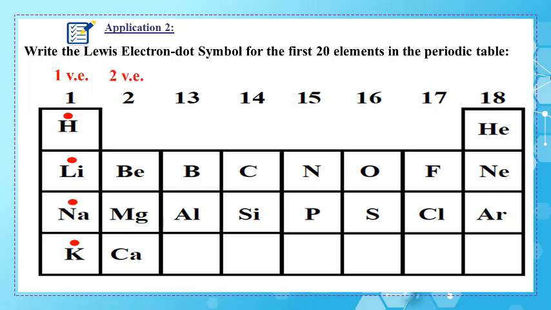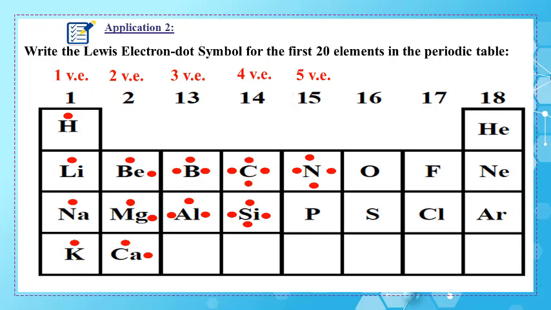Elements of column 2 have 2 valence electrons. Elements of column 13 have 3 valence electrons. Elements of column 14 have 4 valence electrons, and they must be distributed as odd dots on the 4 sides of the atom.